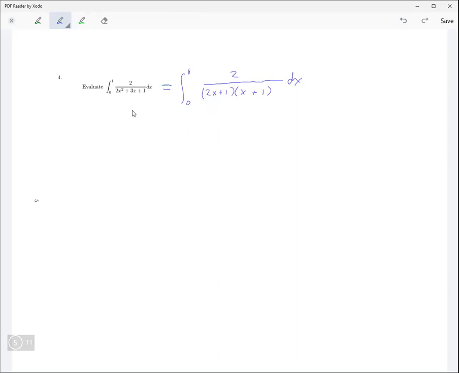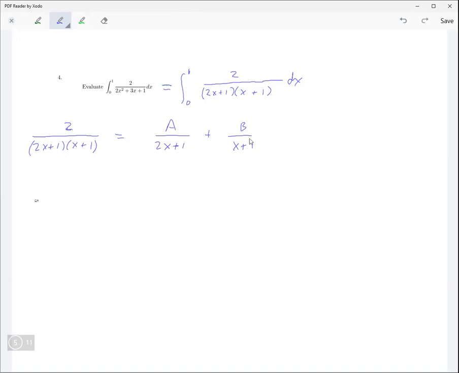Okay, so now you want to do the partial fraction decomposition of this. So finally, I get to show you how to do this. With exercises 1 and 2, it said for something like this, the general form is A over the first one plus B over the second one.